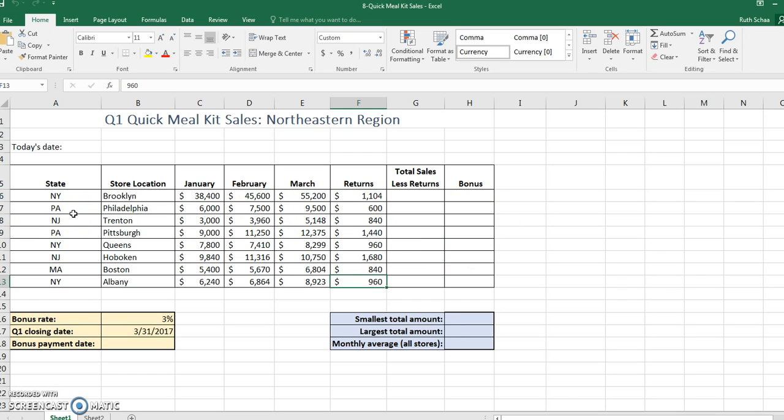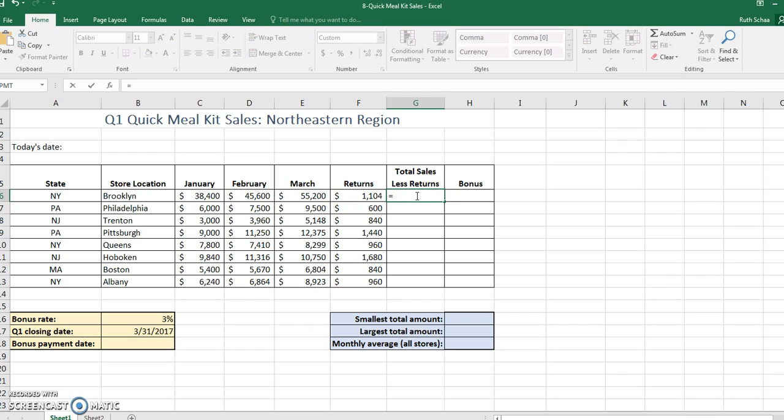You are going to be creating a complex formula, and this says totals less returns. So what you will probably be doing is adding up your sales for January, February, and March, but then you will subtract out your returns. All formulas in Excel begin with an equal sign.